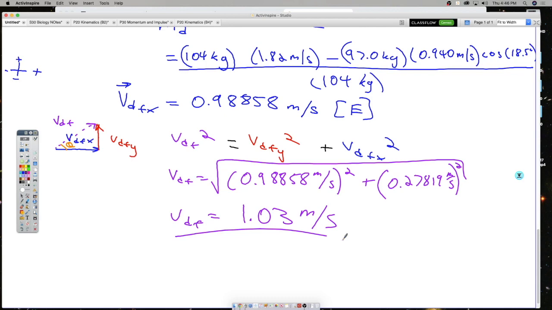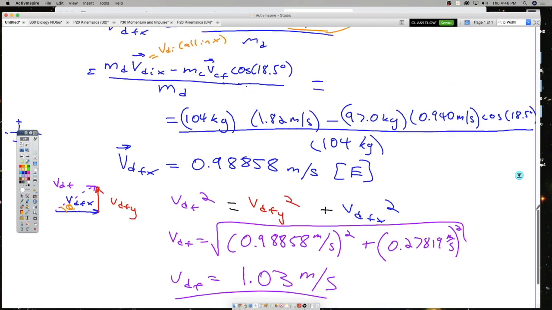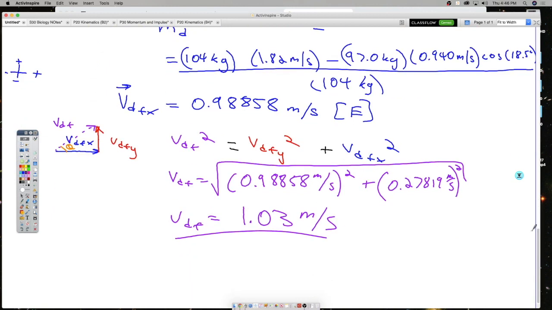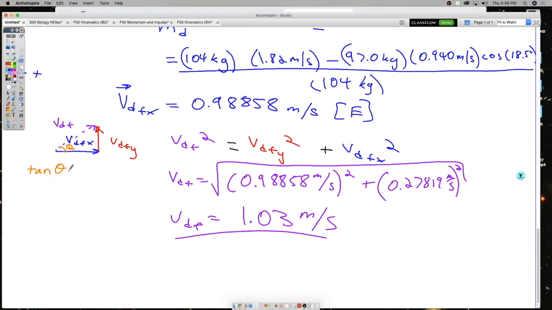However, that is not a complete answer because it's a velocity and therefore it needs a magnitude and a direction. We've got the magnitude. So let's go back to our thing here. Okay, this helps us out quickly. Theta, the safest way is to go with tan just because there's more calculations between this and the beginning, the numbers they gave us, than there are these. Not much, but a little bit. So tan theta equals opposite over adjacent.